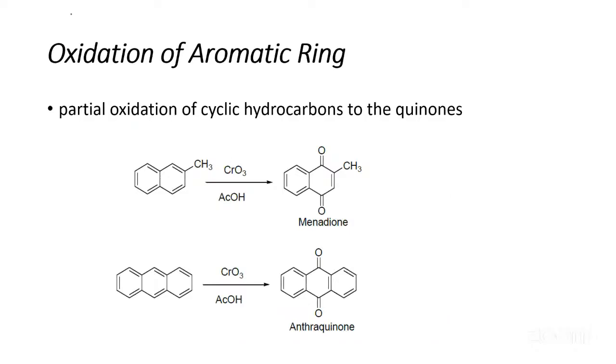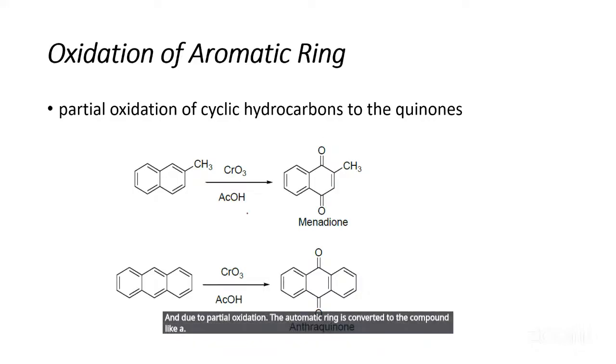This CrO3 also gives the oxidation of the aromatic ring. The KMnO4 breaks the aromatic side chain, while the CrO3 gives partial oxidation. Due to partial oxidation, the aromatic ring is converted to a compound like a quinone molecule.